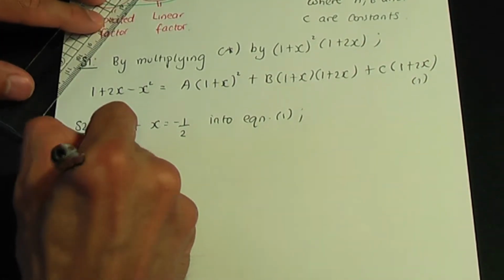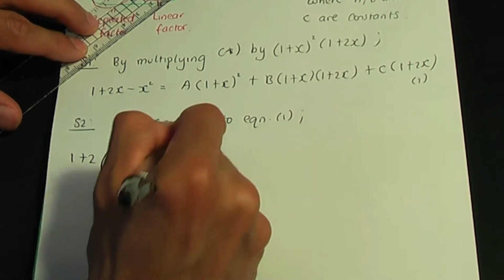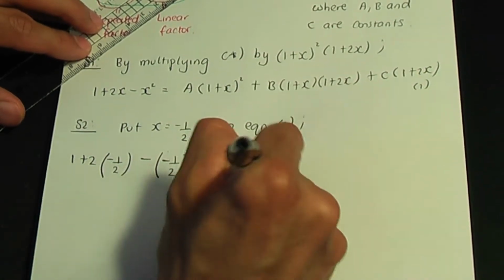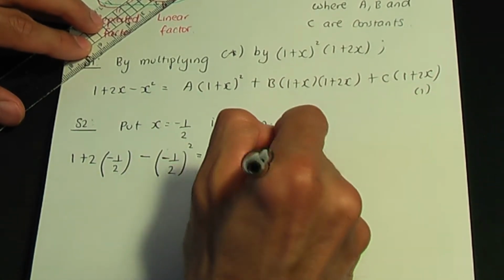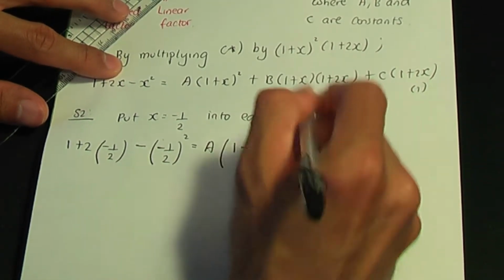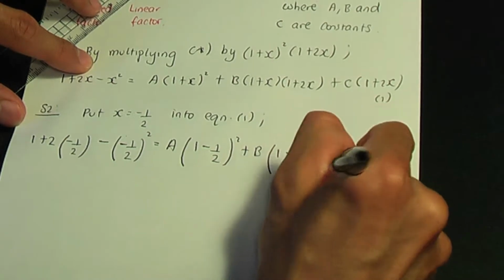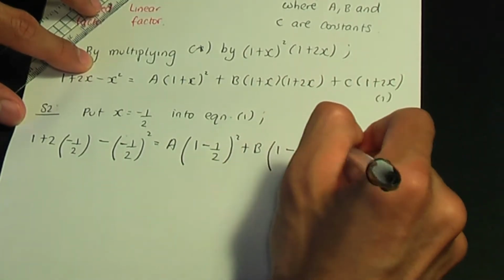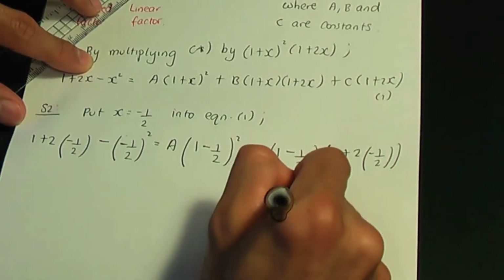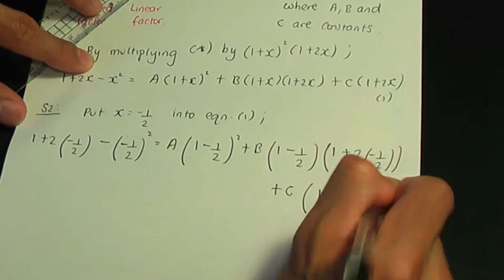As a result, we're going to have 1 plus 2 into (x is minus half) minus (minus half) squared, that is equal to a into (1 minus half) squared, plus b into (1 minus half) multiplied by (1 plus 2 into minus half), plus c into (1 plus 2 into minus half).